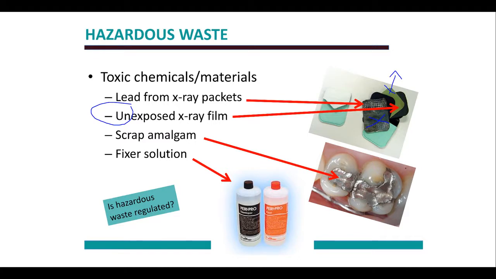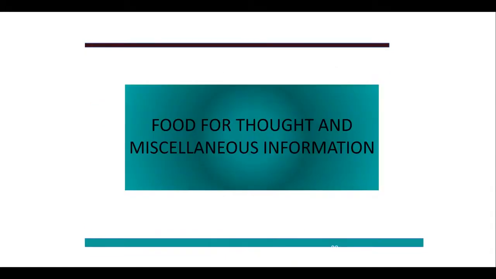So when in doubt, check with the EPA to find out if what you're disposing of is hazardous and how it should be disposed of. So a logical question here, just to understand the terms, is hazardous waste regulated? Absolutely. If it's hazardous, that means somebody is telling you that they have a regulation that you have to deal with it correctly. So hazardous waste, of course, would be regulated.